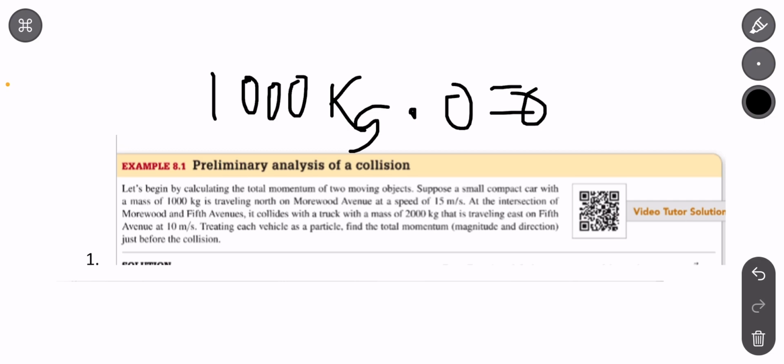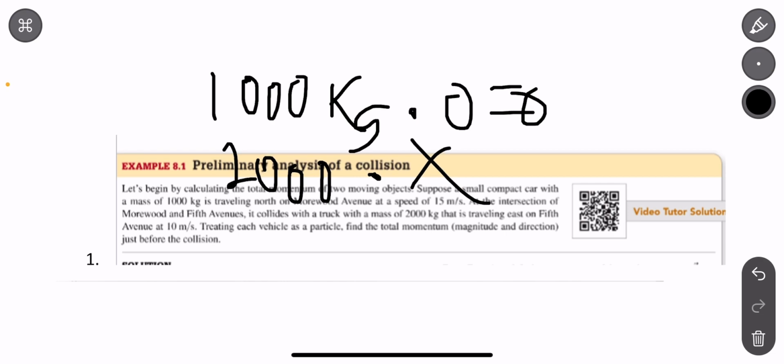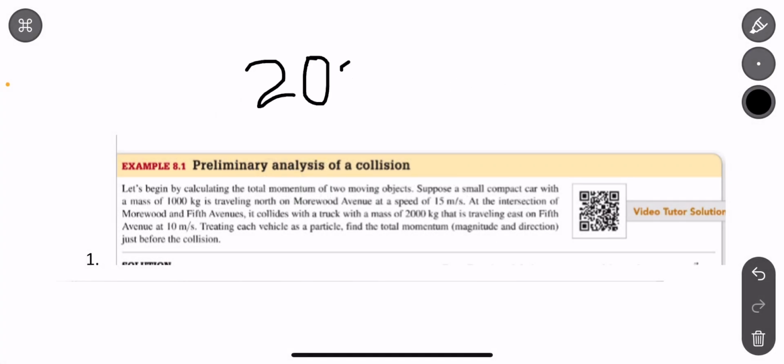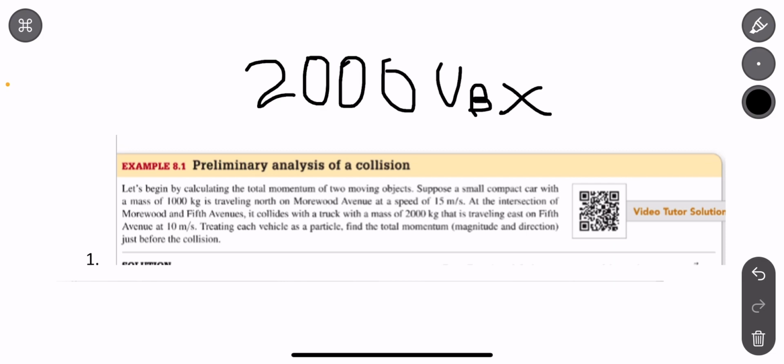We don't know it exactly, they didn't really tell us, so it's going to be 2,000 times an unknown. I'm going to put X. We can solve this after we add it together from the first equation, and we're going to be left with 2,000 VBX.